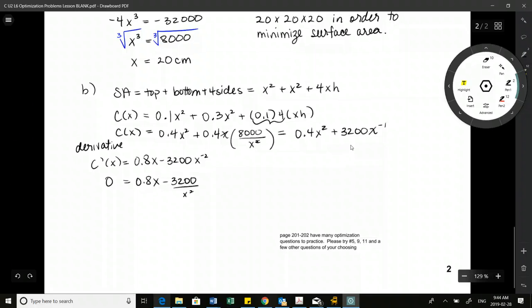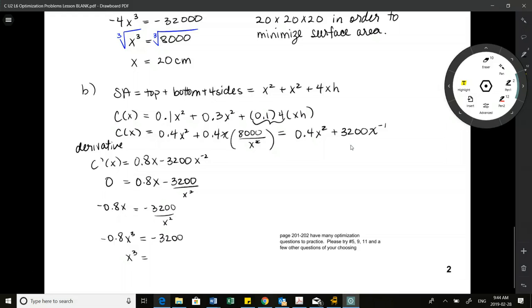So we'll just do a little bit of rearranging here again. Same kind of solving process as last time. We're going to get an x cubed up here. And we'll divide out that negative 0.8. You get 4,000.